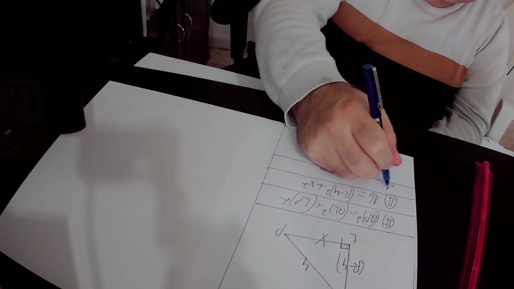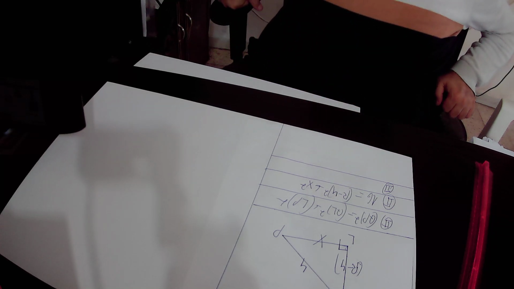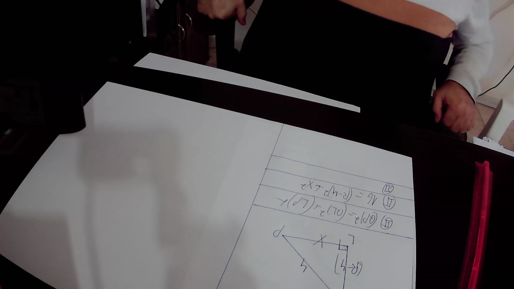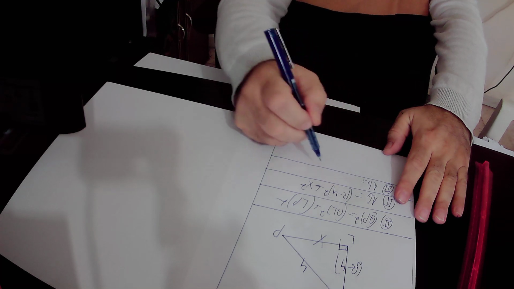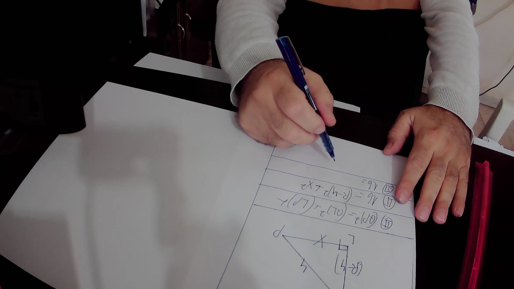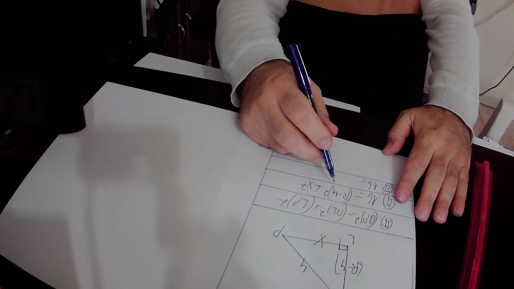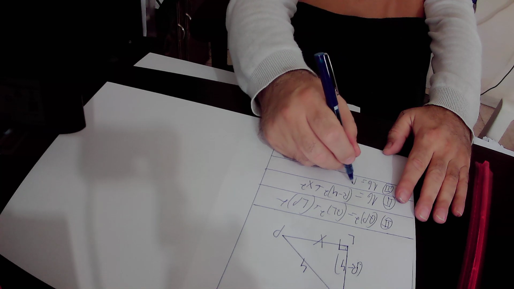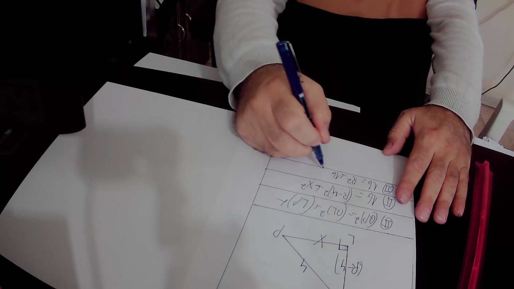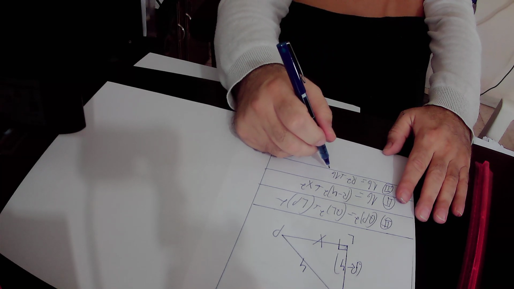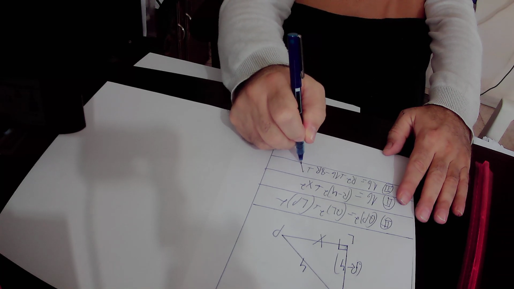Here we will open the brackets on this side of equation number 2, and we get that 16 equals (capital R minus 4) squared, which is capital R squared plus 4 squared, that is 16, minus 2 times capital R times 4, that is minus 8R, plus x squared.